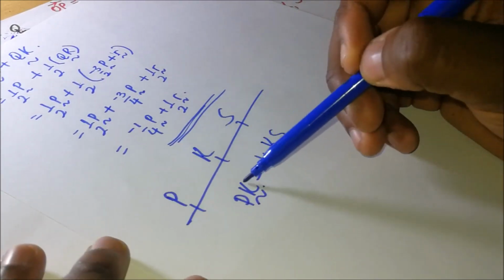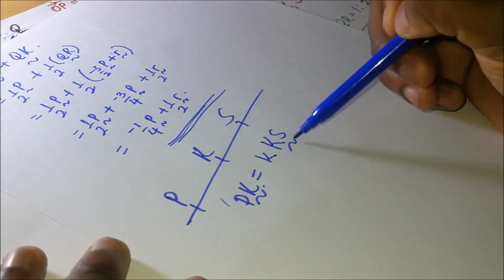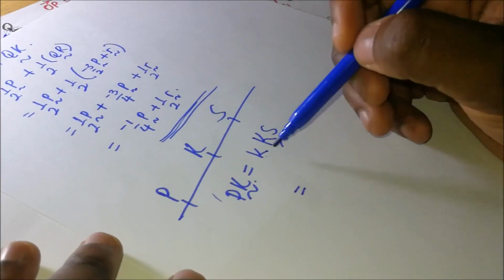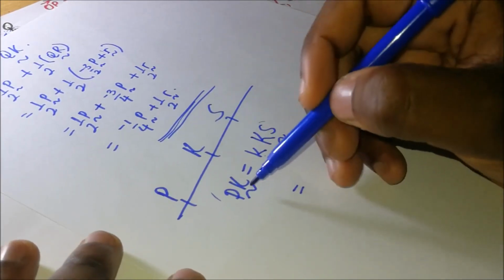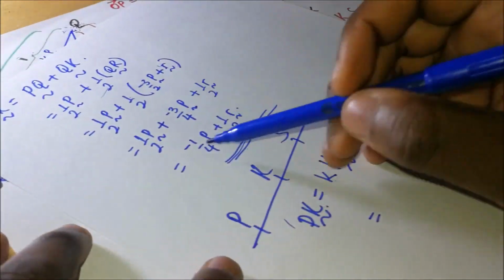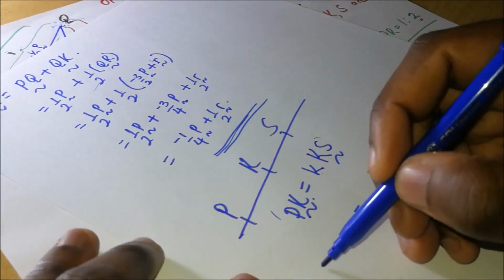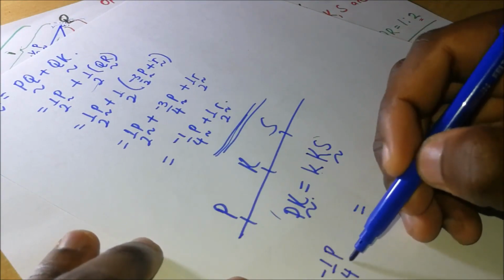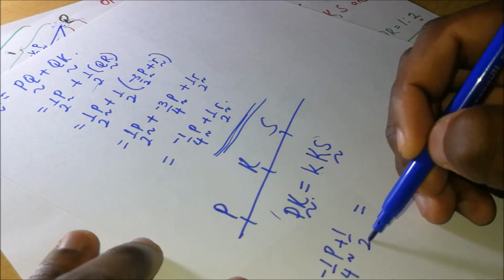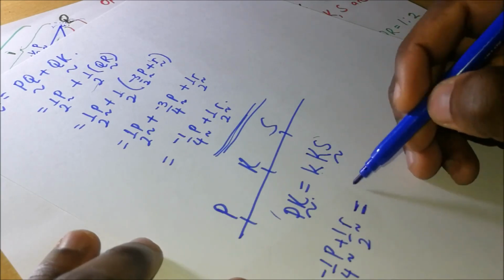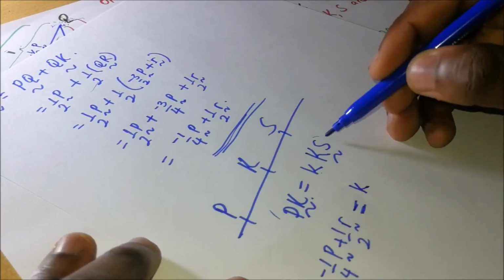So we're going to find PK, then find KS, and then find the value of the scalar k, the multiple of this. PK we already got from here. So in other words, this is going to be negative a quarter P plus a half R. This is going to be equal to k times KS, the scalar k times KS.